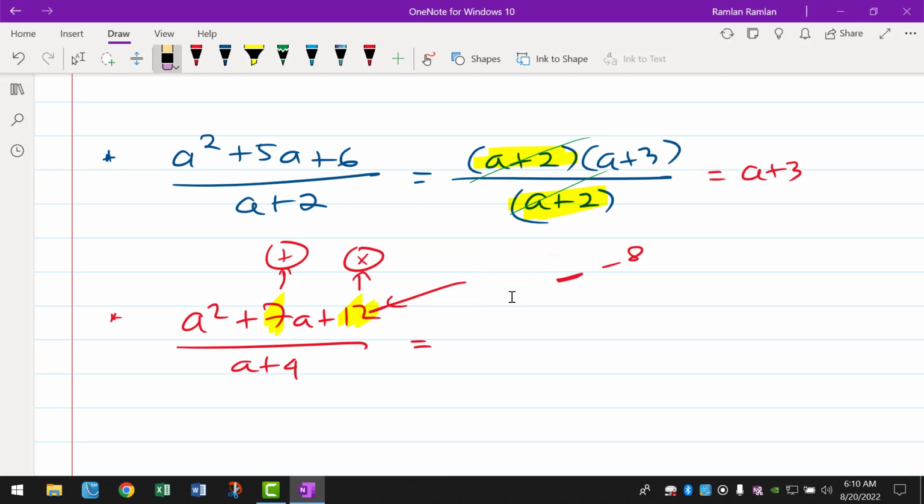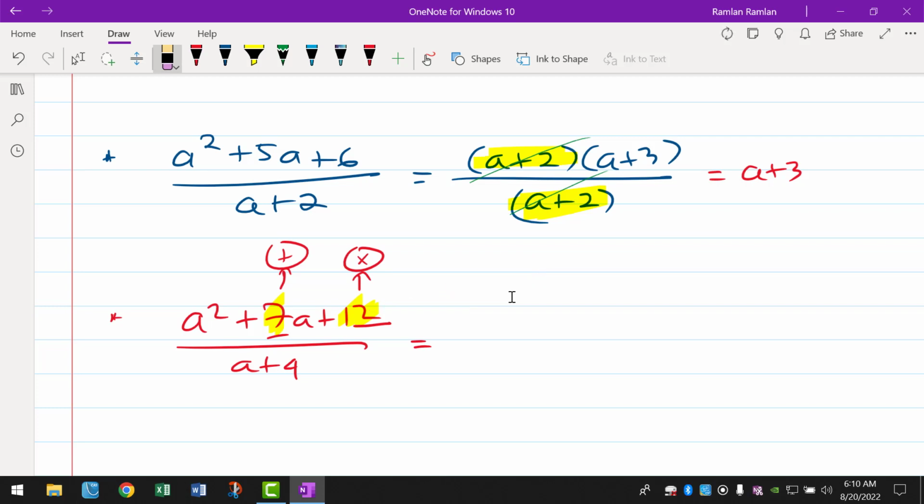So instead, we're going to use other numbers. For example, 12 can also be the result of the multiplication of two numbers, which are 4 and 3, right? 4 times 3 is equal to 12, and 4 plus 3 is equal to 7, right? Because that works, it means that we're going to use 4 and 3.